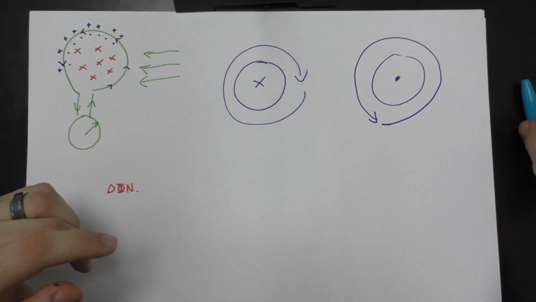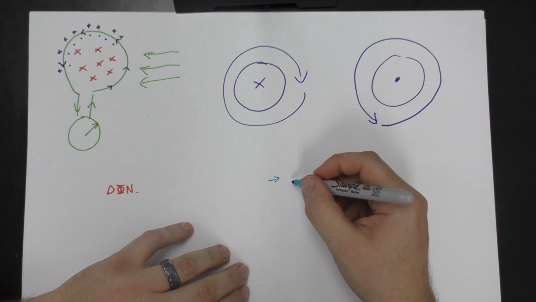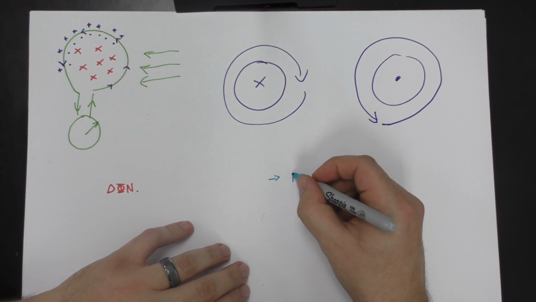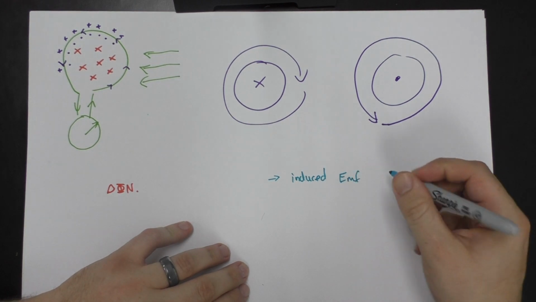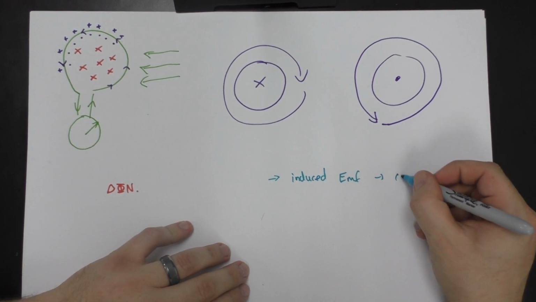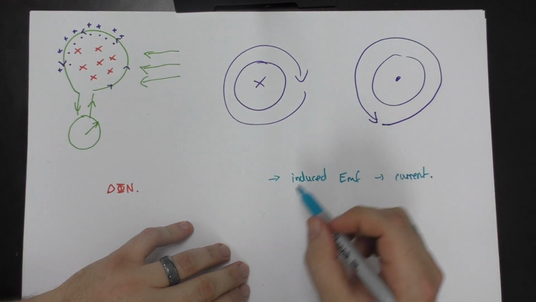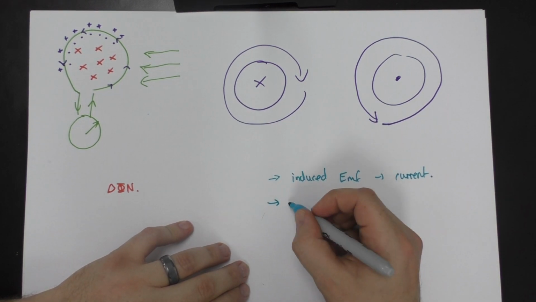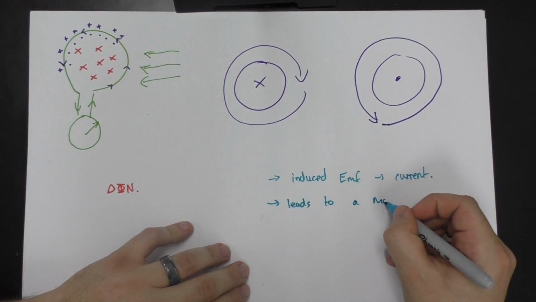So let me just write that down in a few clear points. The induced EMF leads to a current. And that current, as opposed to these rules, leads to a magnetic field.